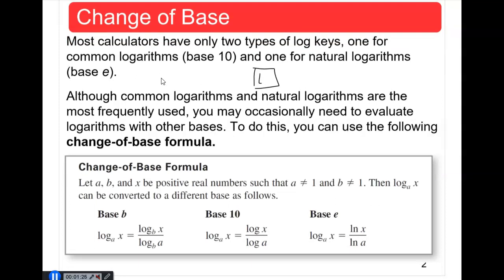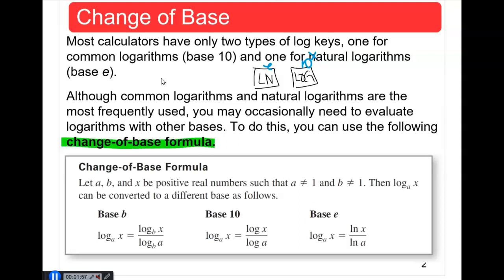Some of the new ones now you can enter any base, but a regular calculator will have ln and log. ln is log base e, and log, just log without the base, is base 10. So if you wanted to find a logarithm of a different base that was not 10 or e, then you will have to use the change of base formula.